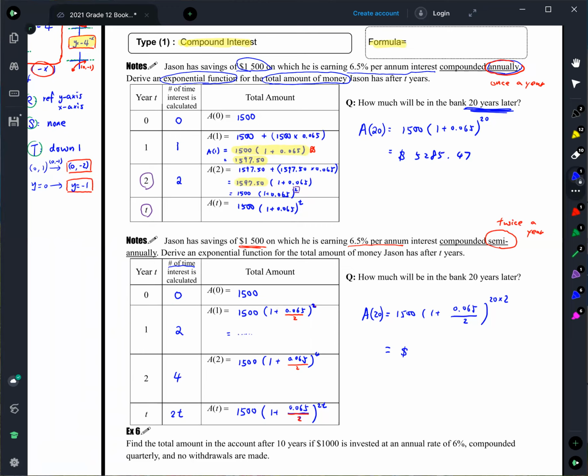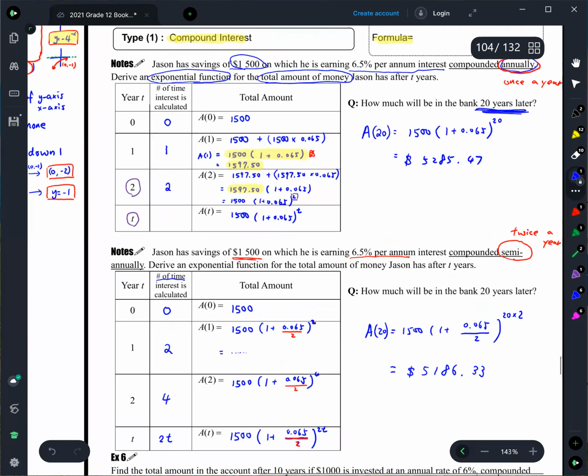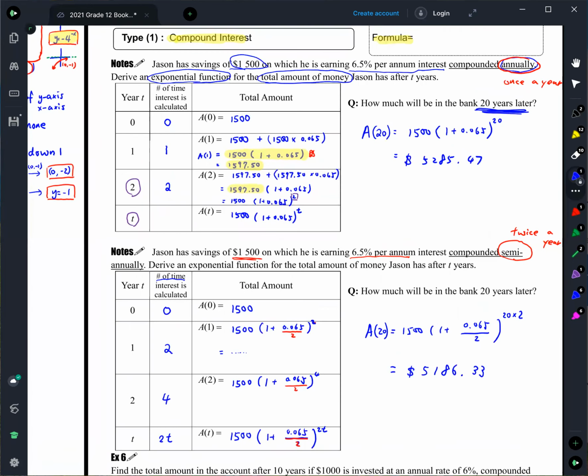Okay, it's $5,186 and then 33 cents. Okay, it's different from what I have. Be careful when you plug in the exponent. Exponent will be 40, because 20 times 2. And make sure you have brackets.